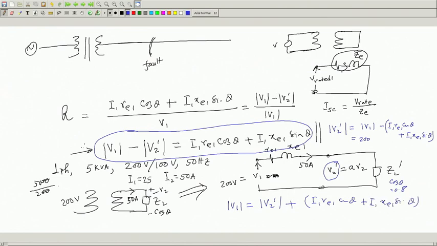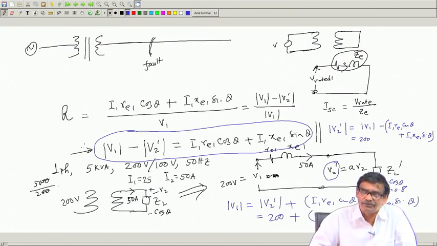So, current, R e 1 and power factor are known, V 2 dashed, if I want 100 volt there, that means here it is 200 volt. So, 200 plus this thing. So, you have to apply to the primary a voltage higher than 200 volts, slightly higher.